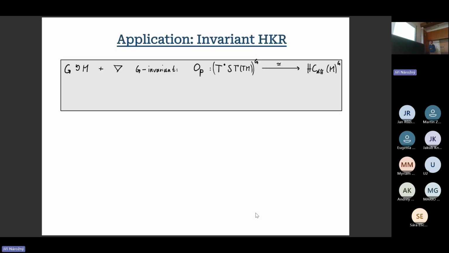What can we do? Well, you can actually show that the symbol calculus will be equivariant with respect to the G action here. So you can restrict on both sides to the G-invariant subspace. So we get an isomorphism between the invariant differential Hochschild complex and the invariant elements in this tensor algebra.